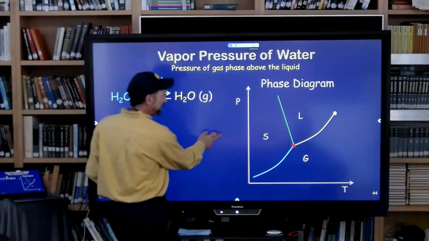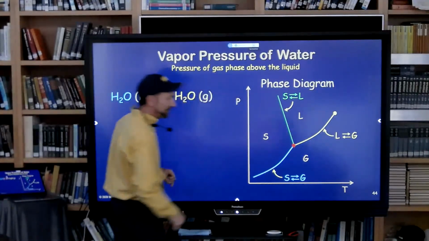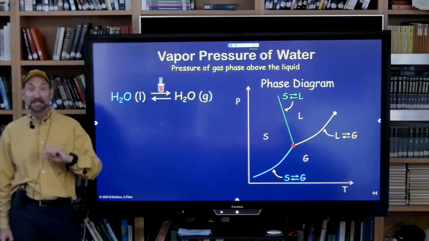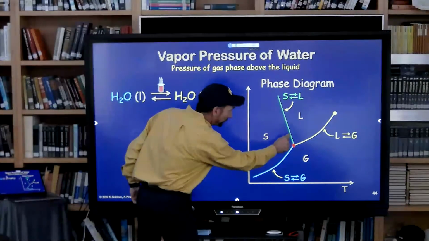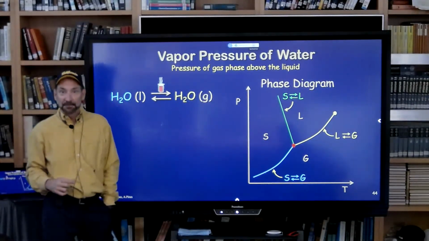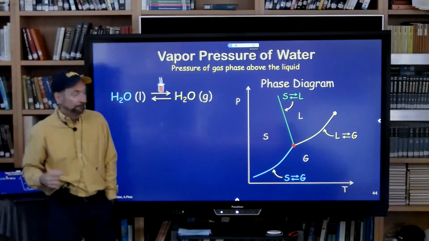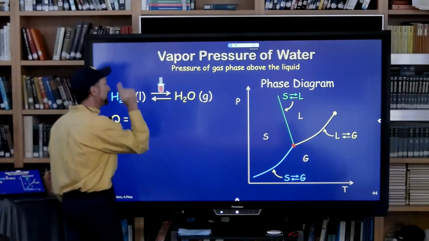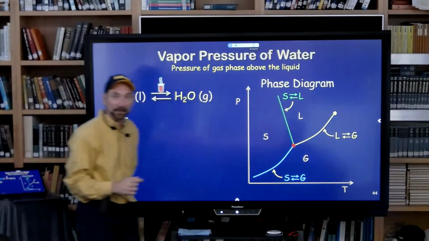The reason I draw it is these lines separating the phases are where the phases are in equilibrium. So every pressure and temperature along that line represents a place where the solid and liquid are in equilibrium. Every point along this line represents this equilibrium, where the liquid and the gas are in equilibrium.